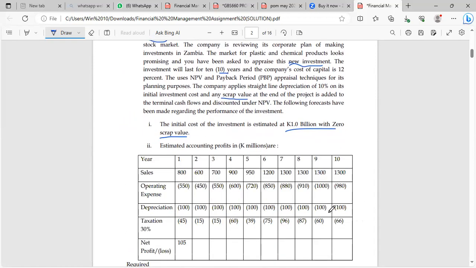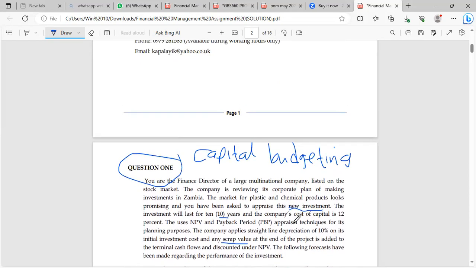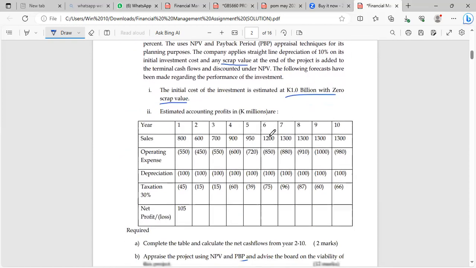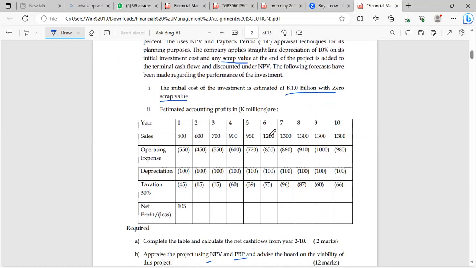Okay, it was 30% tax. So meaning that from here we are able to find the net profit or loss, and after getting net profit or loss, there was an aspect where we now evaluate this project in order to see if the project is actually viable.